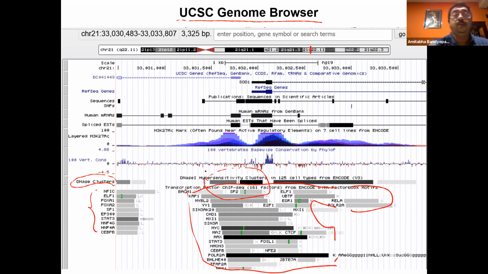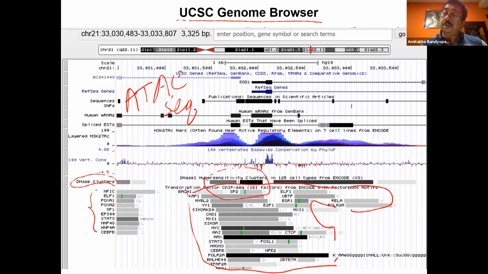Nowadays, there is another new technology called ATAC-seq. This is a measure of just a simple question: where the DNA chromatin is open, where the chromatin is closed. If you find a correlation between open chromatin region and ChIP-seq data, then you are more or less certain that it is an enhancer.